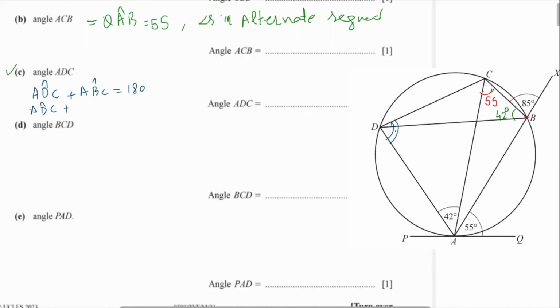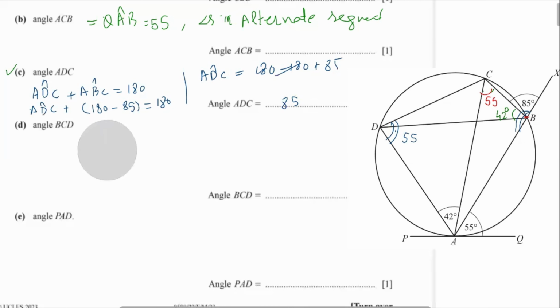You see here the total angle on a straight line is 180. Therefore, the remaining angle will be 180 minus 85. The angle ABC is equal to 180 minus 85. Therefore, ADC will be equal to 180 minus 180 plus 85, and therefore that will be equal to 85 degree. And this is the 85 degree angle. Next is the angle BCD.